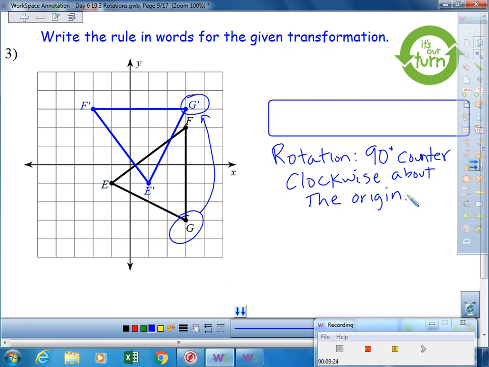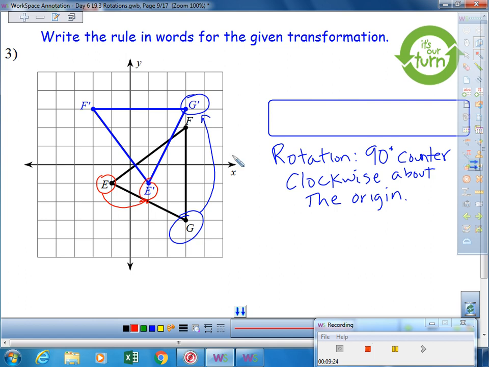No. So the question was, does it matter which letter you pick? Because if I pick E and I go to this E, I'm going 90 degrees counterclockwise. I'm going one more. Oh, if you go this way, it's clockwise.